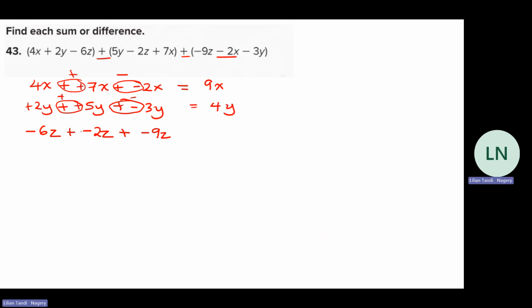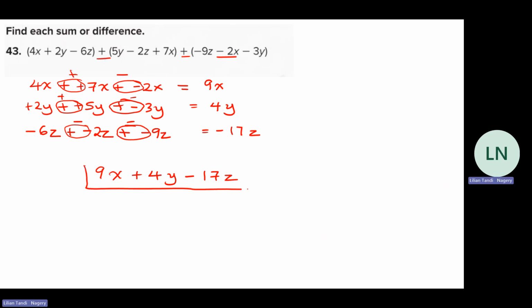This is minus, and this is minus. Negative 6 minus 2, negative 8. Negative 8 minus 9, negative 17. z. So my answer is 9x plus 4y minus 17z. And I box my answer.